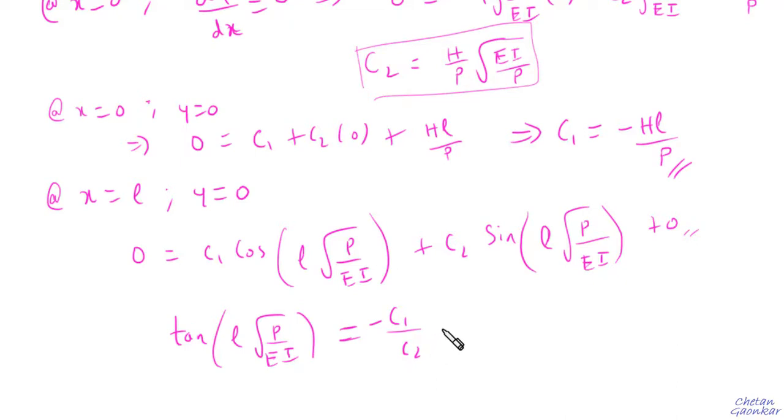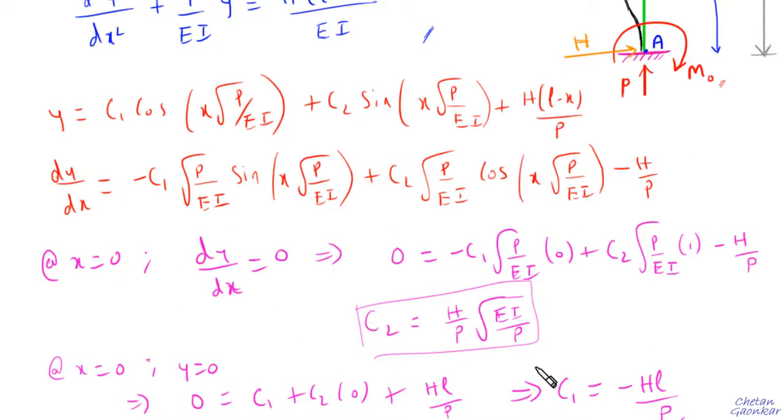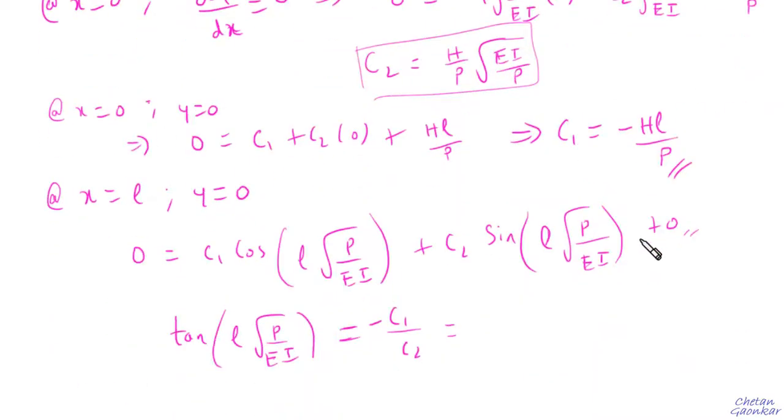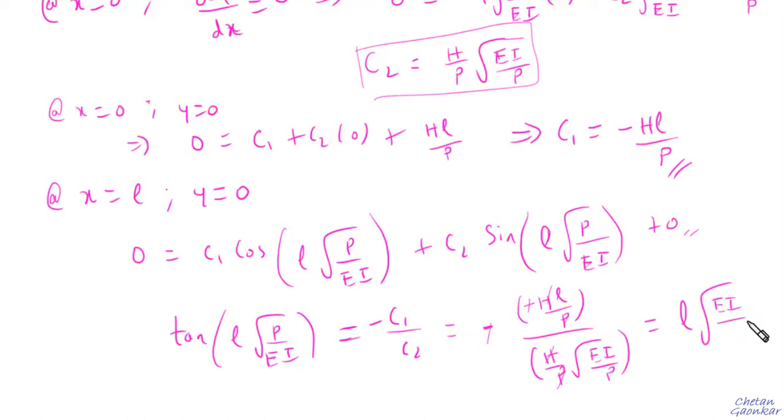Now if I substitute c1 and c2: c1 we had got as minus HL divided by P, and c2 we had got as H divided by P root of EI by P. Now this minus and minus sign will cancel out, this H and this H will cancel out, this P and this P will cancel out, and finally we will get this term as L root of EI by P.